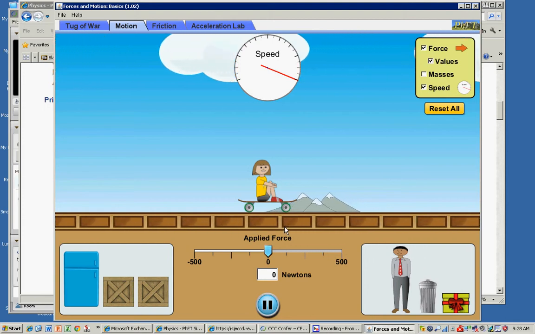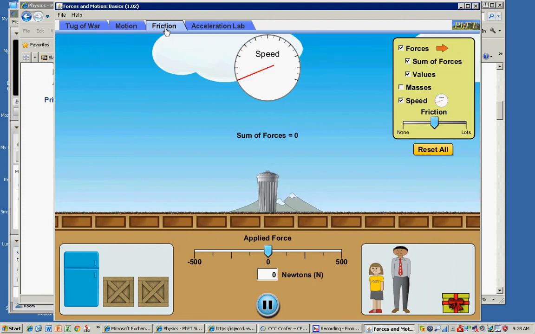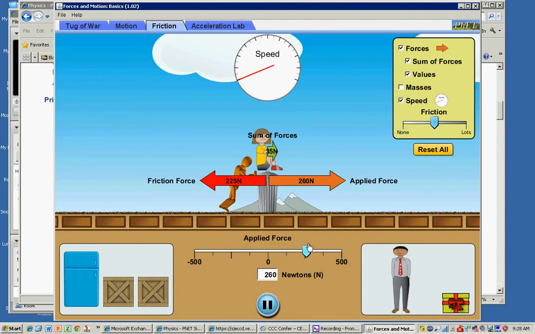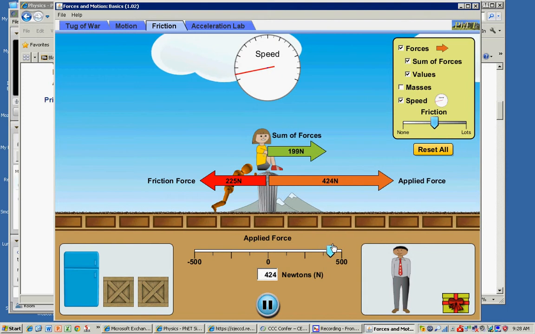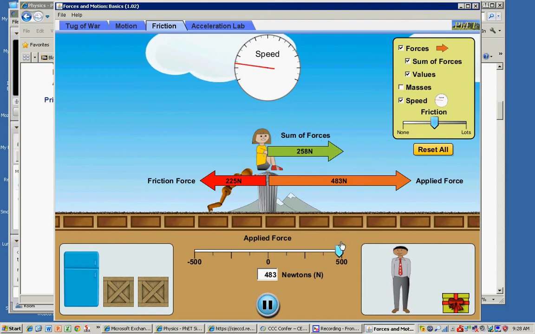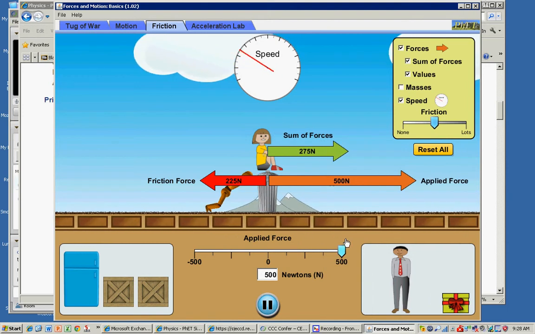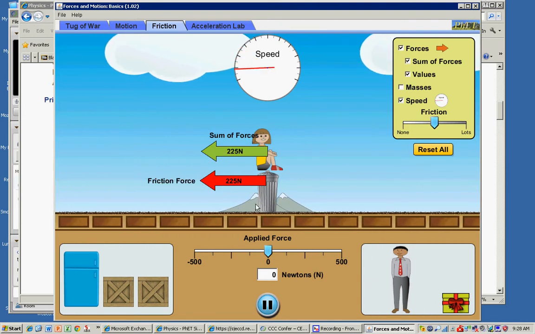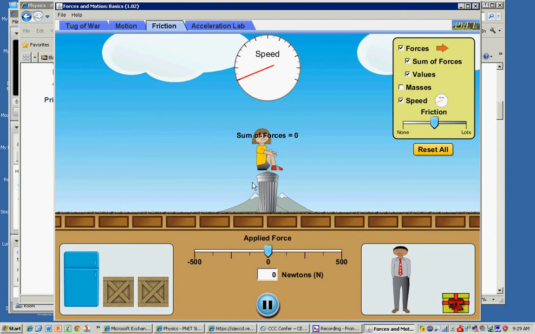In this example, the girl keeps moving with the same speed because friction is none. There is no friction in there. But in a real life situation, if you apply a force on it, the speed will keep on growing.